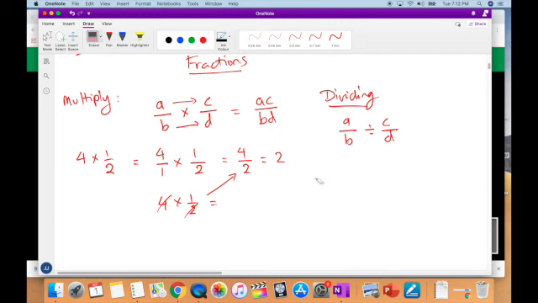Not the first fraction, because this here, what do we call this?